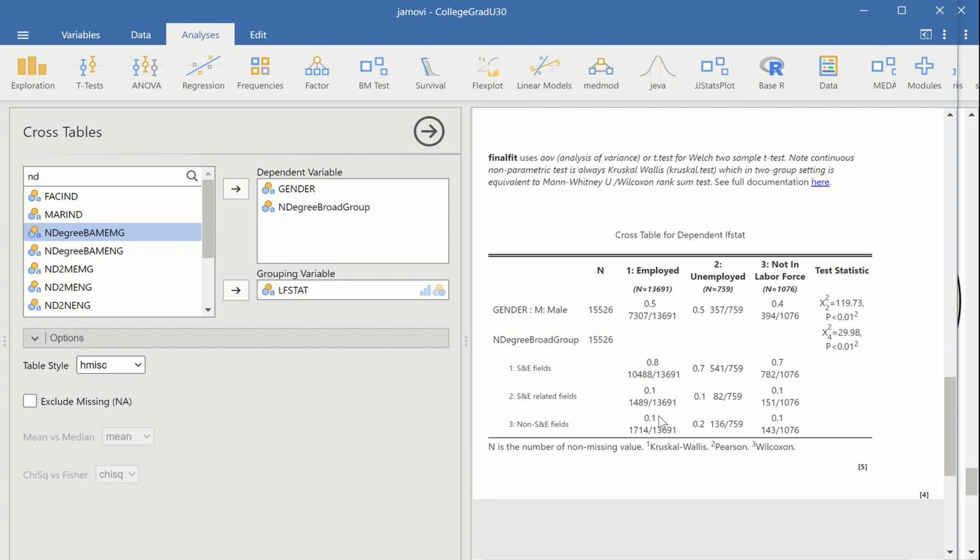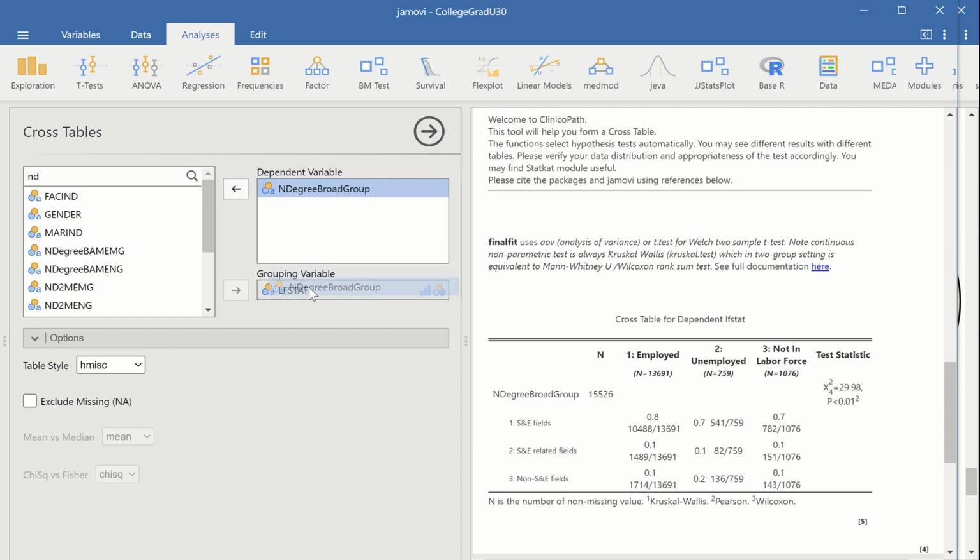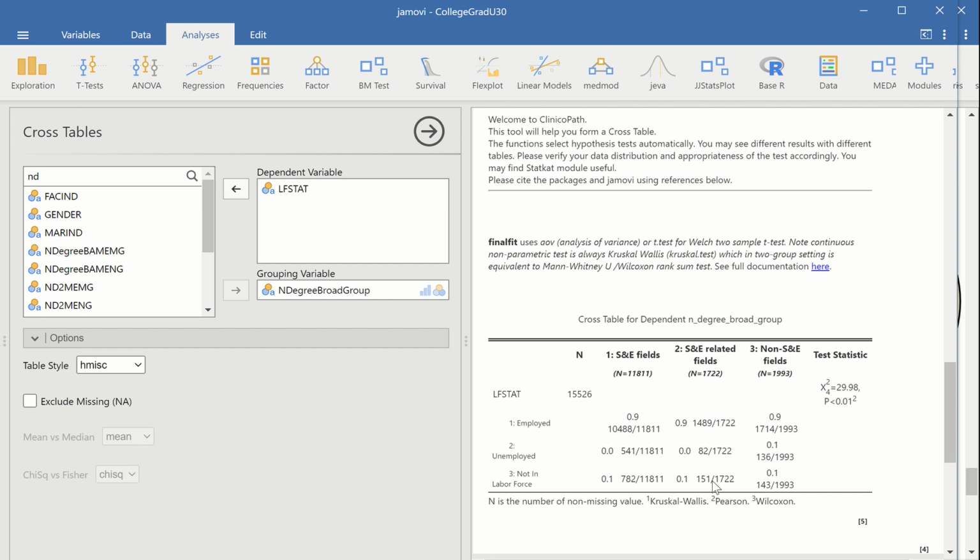One of the niceties of Excel, but if you get it, 80% of the people in science and engineering fields are employed, and that's just backwards, and the numbers are not helpful for us. So we would switch them and give us a sense that in the S&E fields, 90% across the board are employed and 0.1%, et cetera.